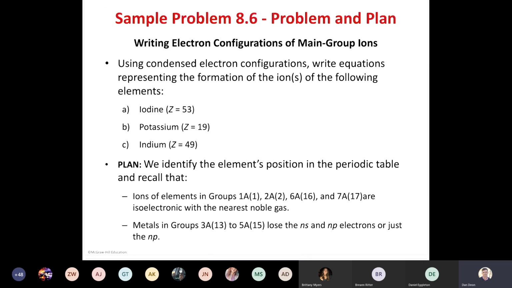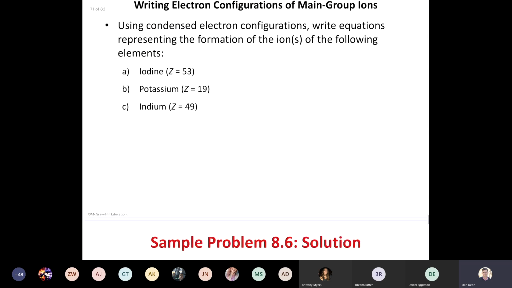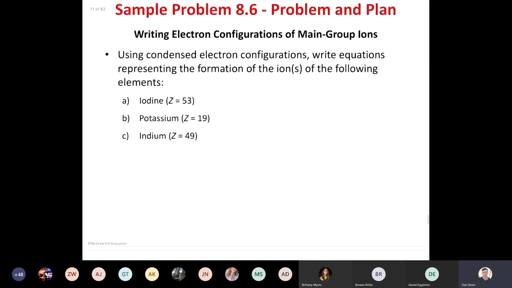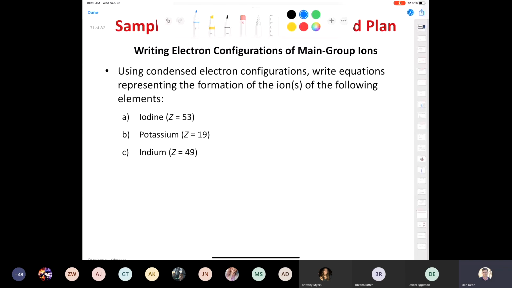What I want you to understand is electron configurations of ions. So with that in mind, let's take a look at iodine. Give myself some more room down here. Okay, so we'll start with iodine. Can anybody tell me, would iodine like to gain or lose electrons, and how many electrons? Could anybody identify that for me?